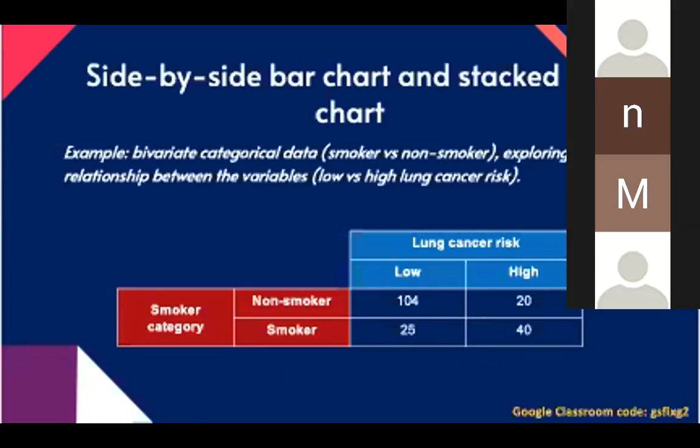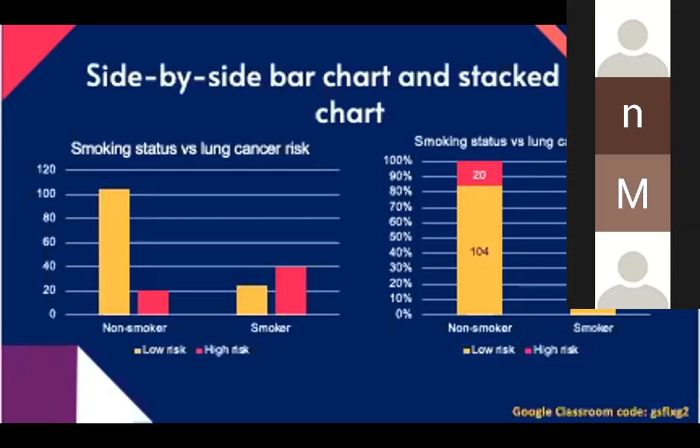Of course, from the table, you can see that more people who have low risk of lung cancer are non-smokers. So you can have the same interpretation from the table, but it will be much clearer and neater if you present using the side-by-side bar chart or stack bar chart, so that immediate comparison can be made by the readers.